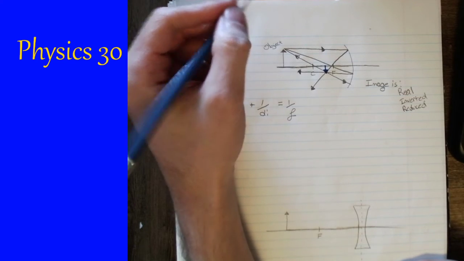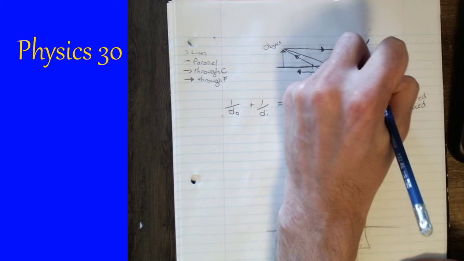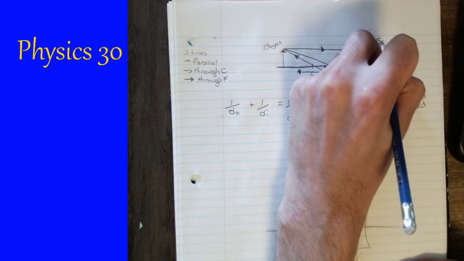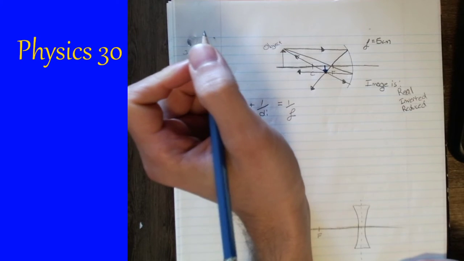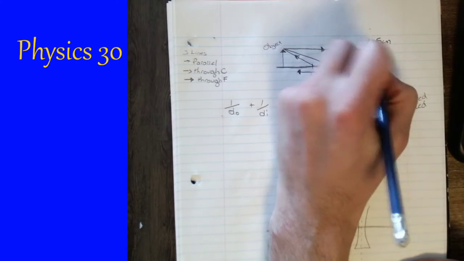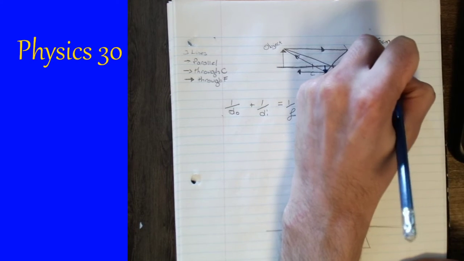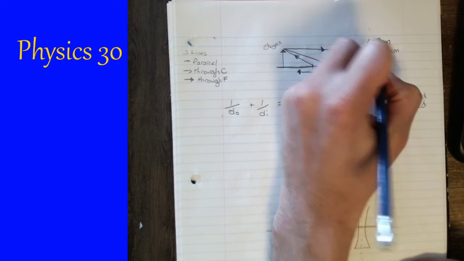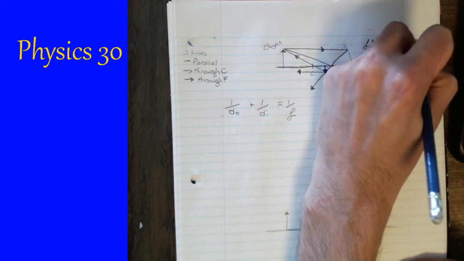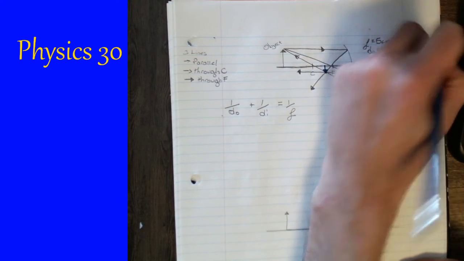Let's say that our focal length is 5 centimeters and our object distance is 12 centimeters and our object height is 6 centimeters.